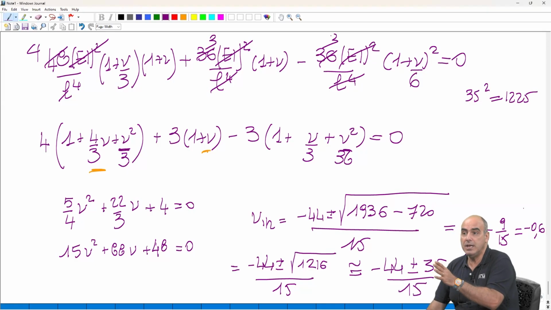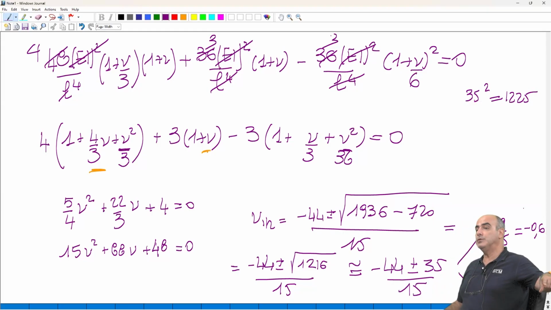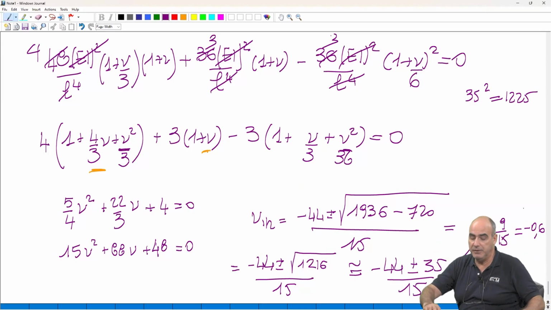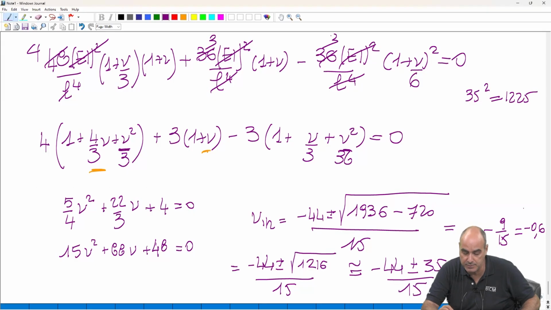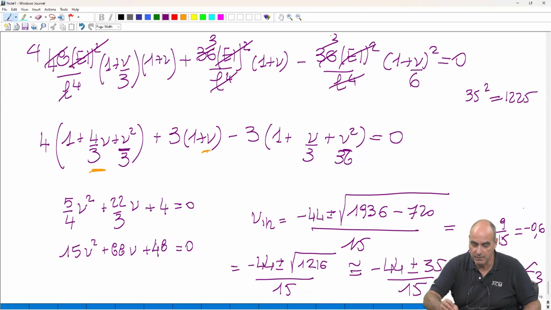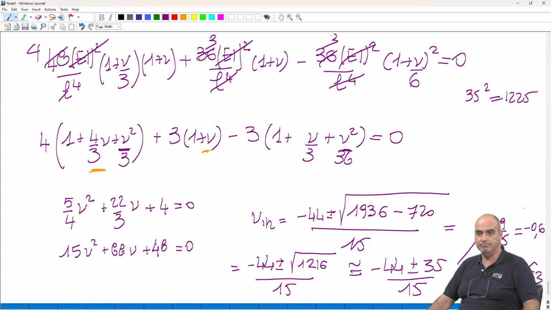This is in the range 0 to minus 4, so it's acceptable. The other one is minus 44 minus 35, which is minus 79, divided by 15, something like minus 5.3. Physically wrong.